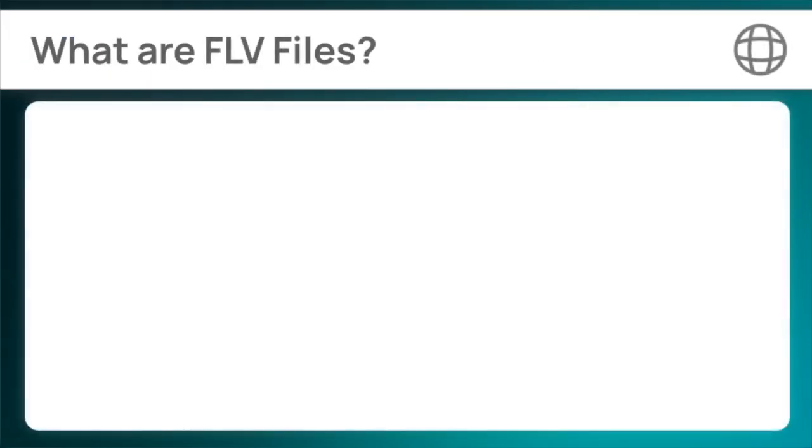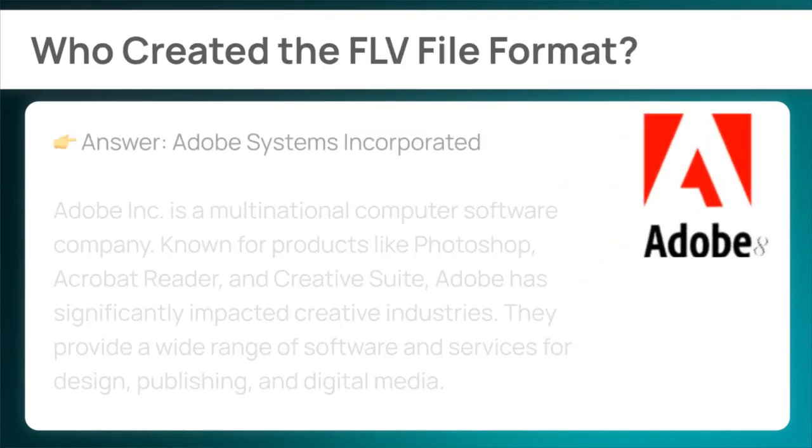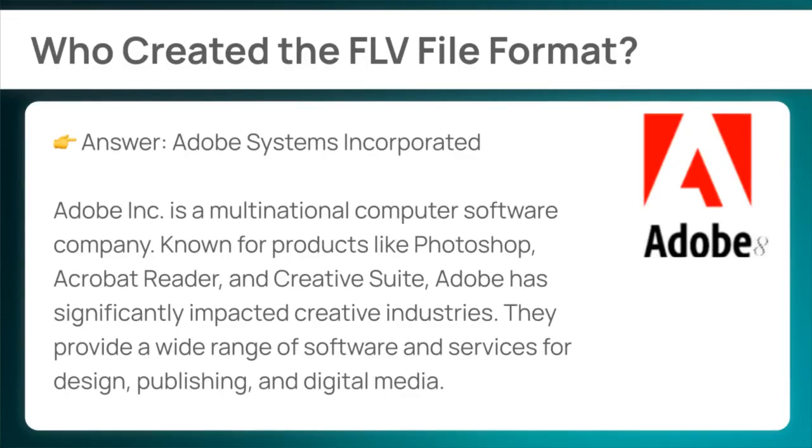An FLV file is a video file format used by Adobe Flash Player and Adobe AIR for delivering video content over the internet. It was widely popular for streaming video on websites like YouTube before the adoption of HTML5 video. FLV files can contain both video and audio data, typically encoded using codecs like H.264 for video and MP3 or AAC for audio.